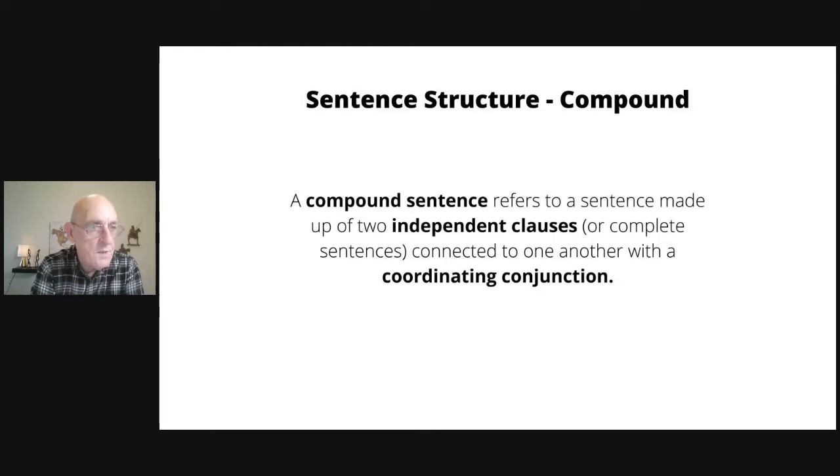And then if we want to form a compound sentence, all we have to do is take these two simple sentences and join them together. And the tool that we use for joining these two sentences together is called a coordinating conjunction. So this is where we begin to add in some functional and useful vocabulary for the IELTS exam.